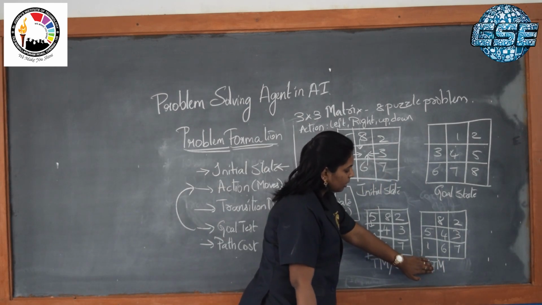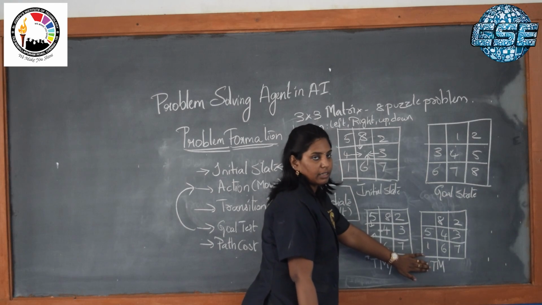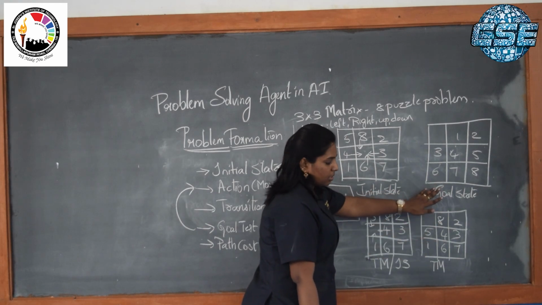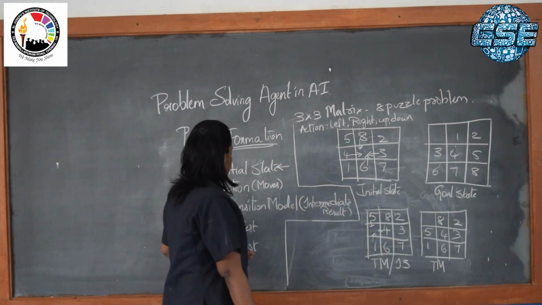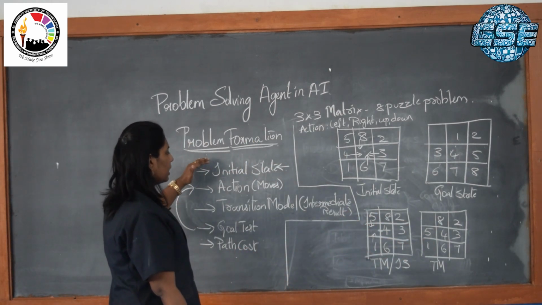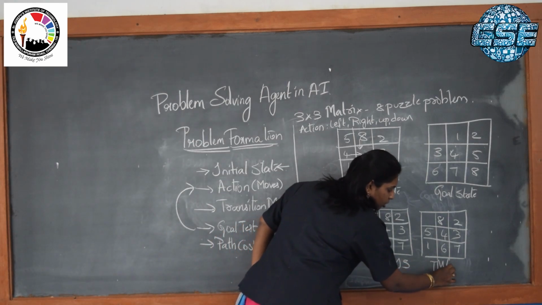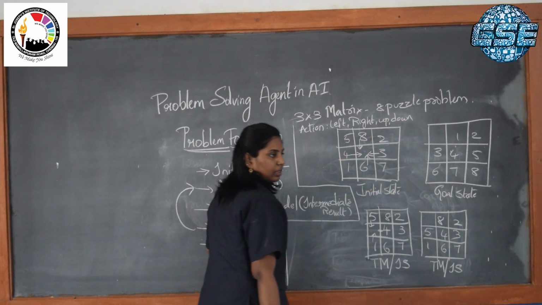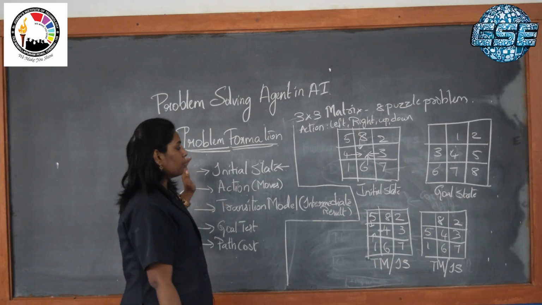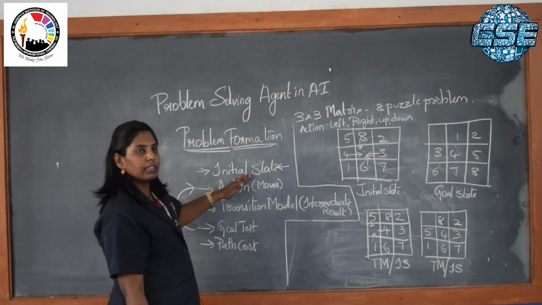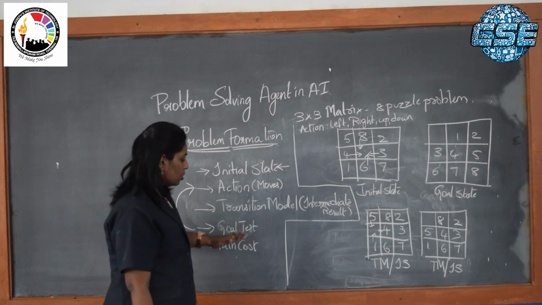I have to check whether this intermediate result is equal to the goal state. It is not equal, so again the loop is followed and it moves to the initial state. So I am converting this transition model into the initial state. Like this we will perform n number of times to get the goal state.